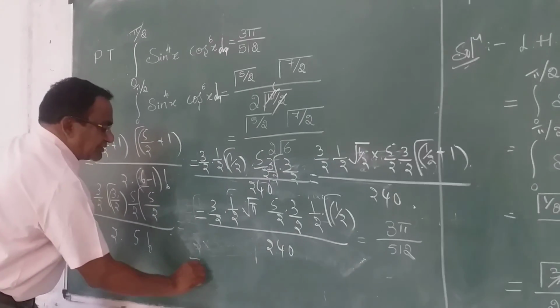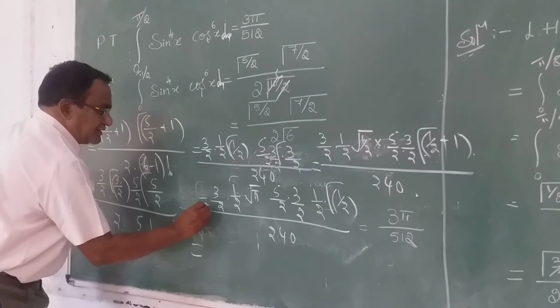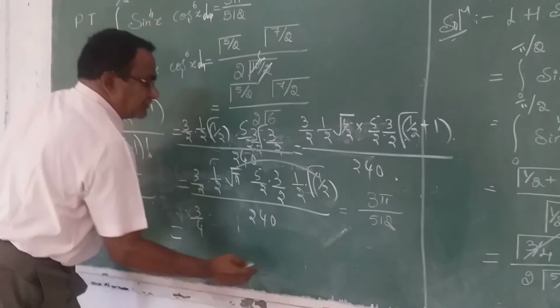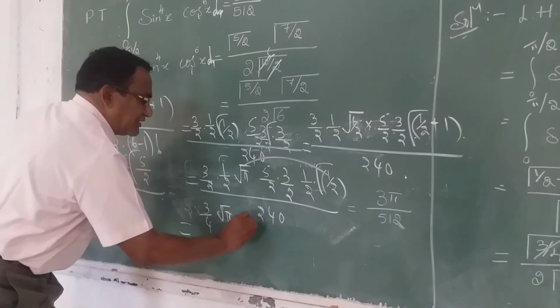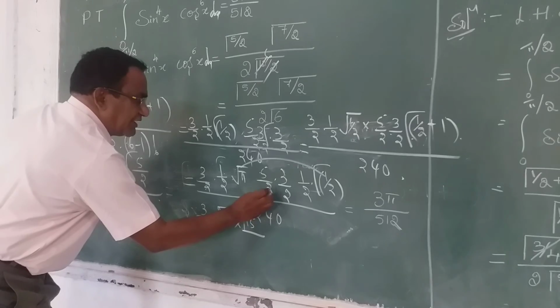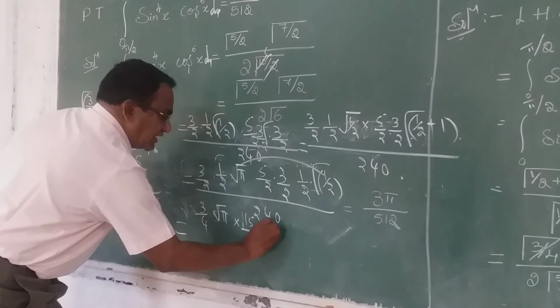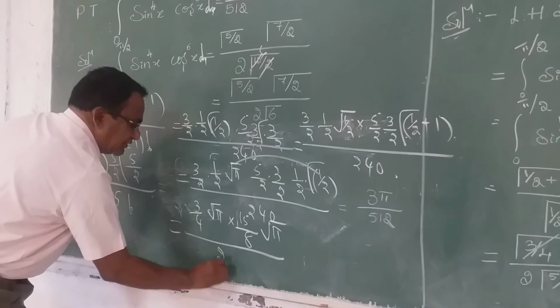This is equal to 3 by 2 into 2 by 2. Yes, it is 3 by 4 into root pi, into root pi, write it as it is, into 5 threes are 15, divided by 2 twos are 4, 4 twos are 8, into gamma half is root pi, whole divided by 240.